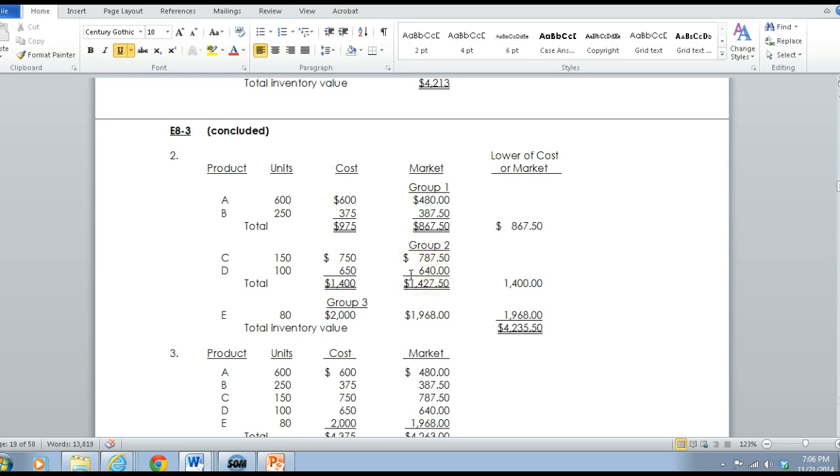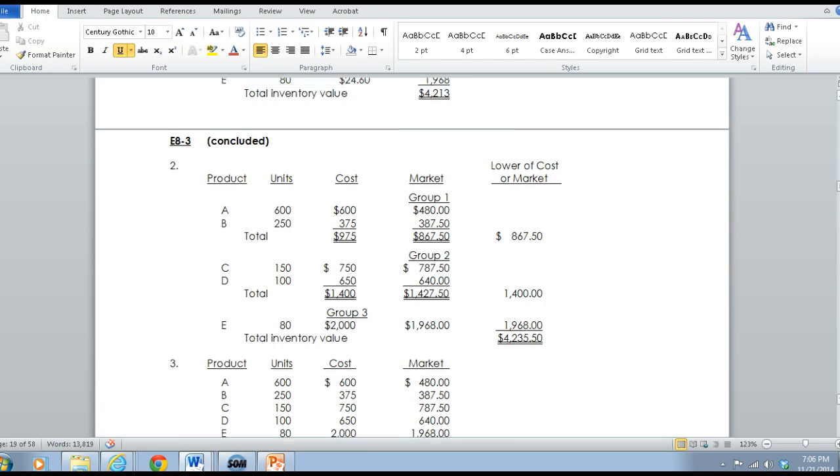So in this scenario, we don't have to write down the product D because that was reduced, but we don't have to write that down because the lower of cost or market for the grouping is still the cost. And then in group 3, we've just got one product in here. We're going to have to write that one down. So the lower of cost or market as a grouping is $42.35.50.